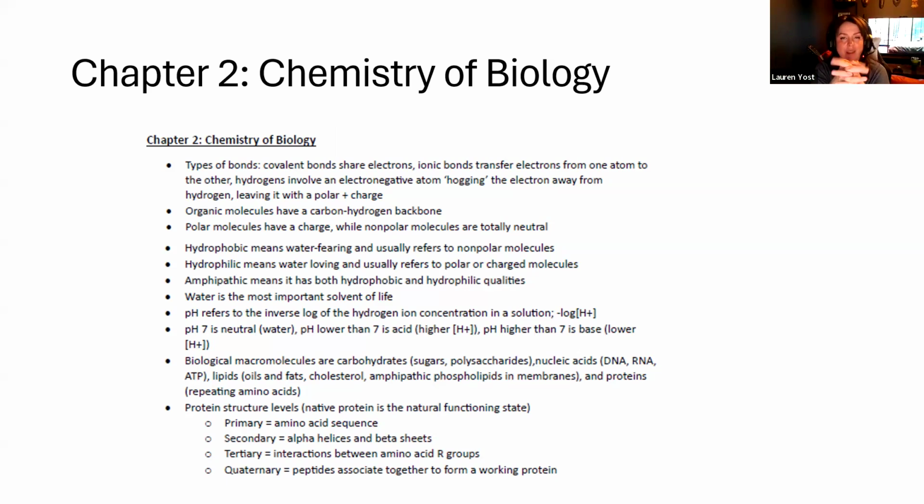That's the tertiary. And once you have that blob basically created from all these attractions, that's not all, there's a few disulfide bonds in there. Yes, I know there are, but it's largely hydrogen bonds causing that folding to happen the way that they do.